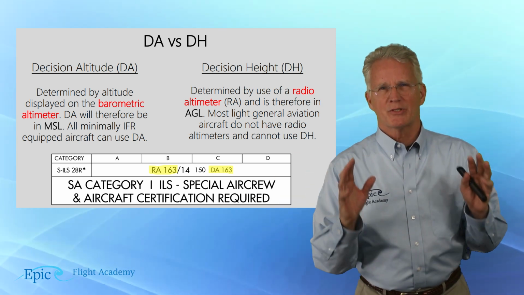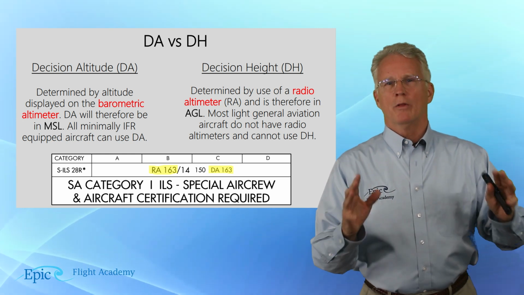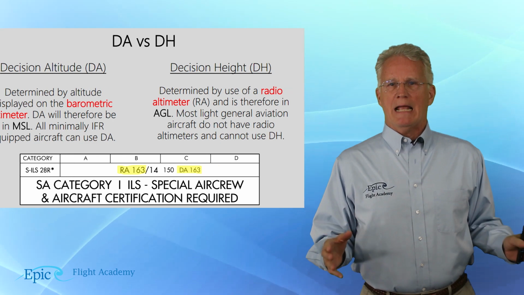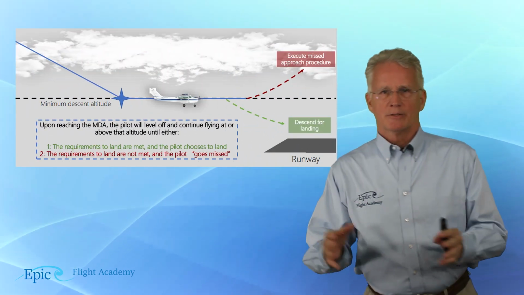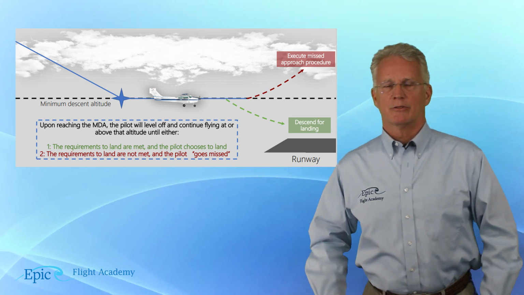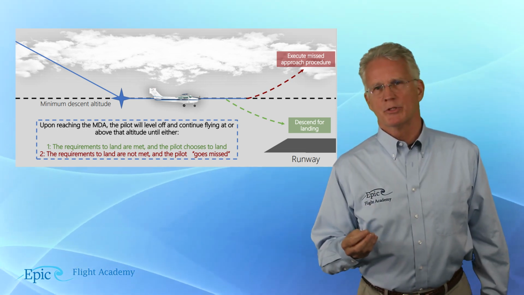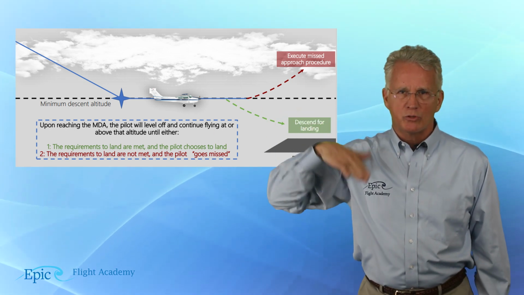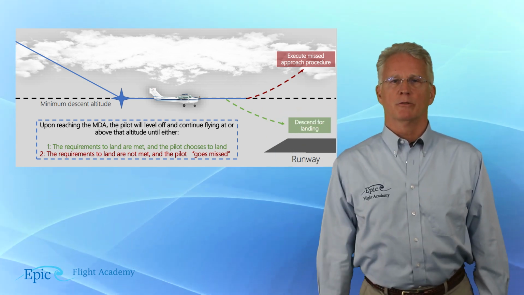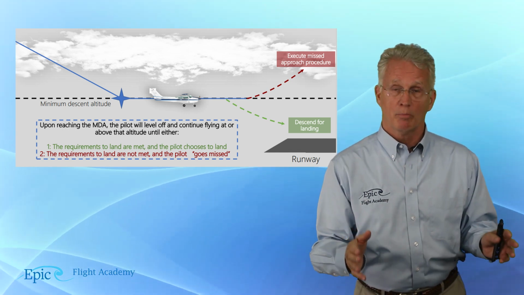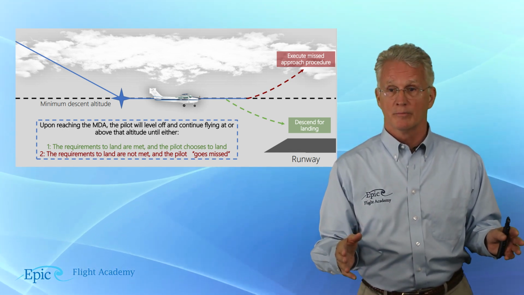Now, what about that second category? Well, this second category we talk about as MDAs, Mike Delta Alpha. That is minimum descent altitude. These are non-precision approach procedures where the aircraft descends to a minimum altitude and continues inbound toward the airport of intended landing.